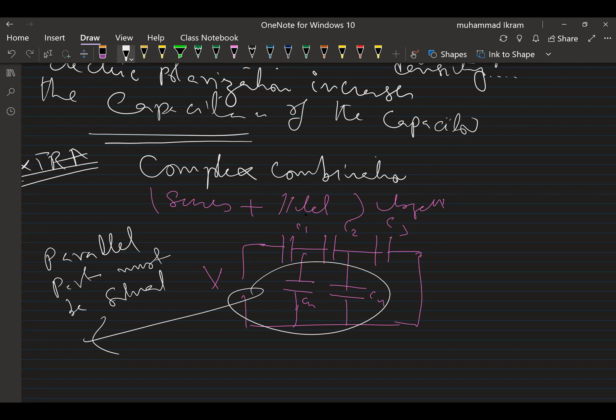Then the series part, and then the final single circuit. So it is continuous reduction of the circuit into a single circuit.